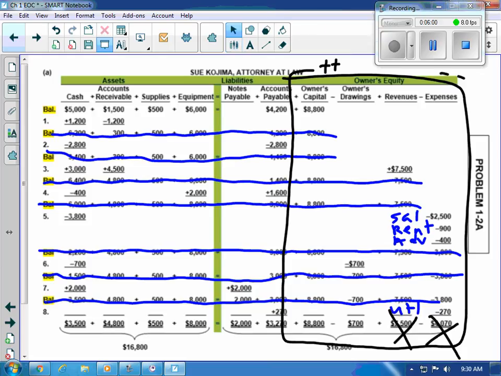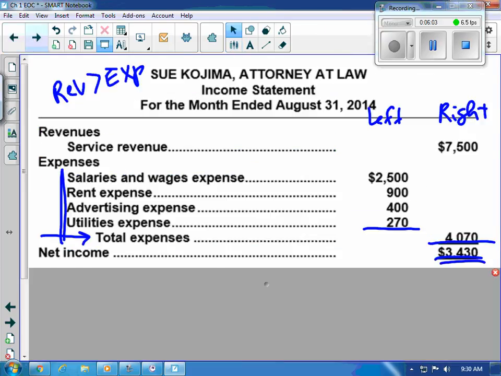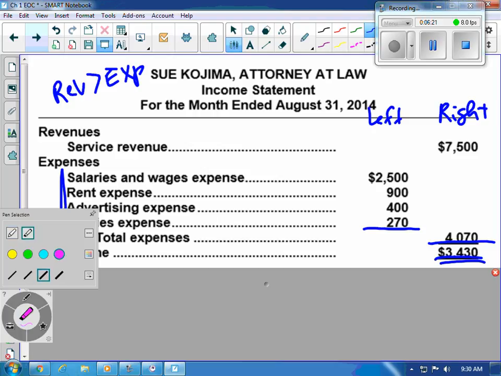Okay. Speaking of the next financial statement, it's the owner's equity statement. It tells the story of how capital begins, what we added, what we subtracted, and how it ended. Okay. I would, for sanity purposes, take out a highlighter and highlight this number because we're going to use it somewhere else.